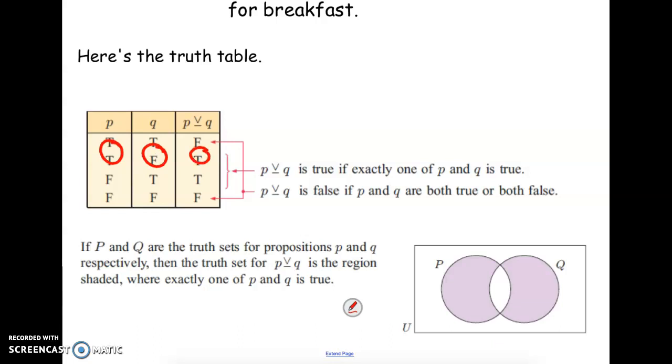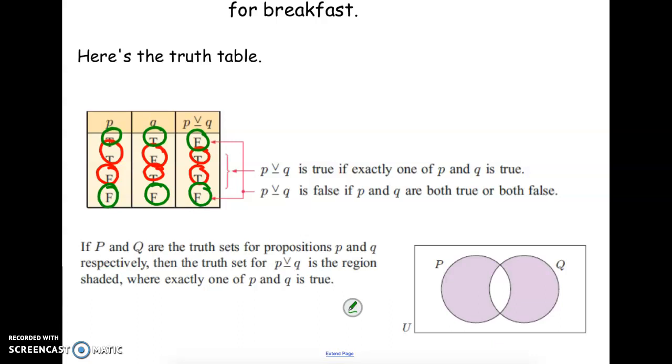So that is true. One of them to be true, and that's true. Notice the other two, in row 1 it is true and true, so exclusive disjunction would be false. False and false, then the disjunction would be false.